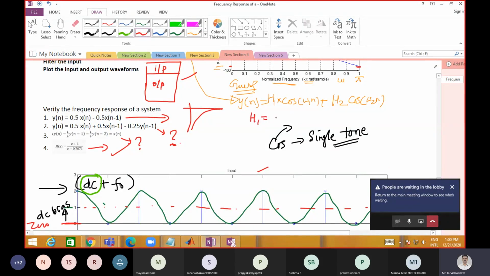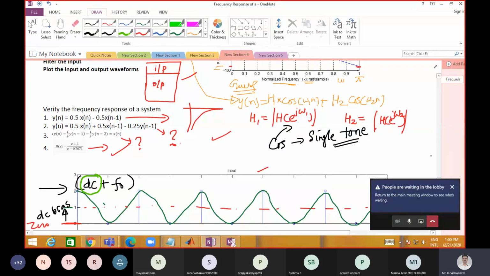H1 is nothing but the magnitude response H of e power j omega 1 magnitude, whereas H2 is obtained by considering the magnitude response H of e power j omega and its value at omega 2. Take its magnitude. So if you know the theory, it is very easy to guess the output.